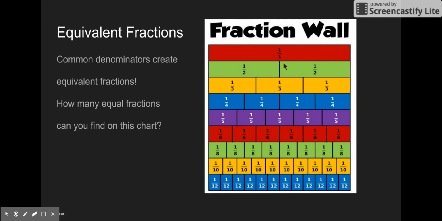For example, 1/2 is equal to 2/4. 1/2 is also equal to 3/6. 1/3 is equal to 2/6. 1/3 is also equal to 4/12.